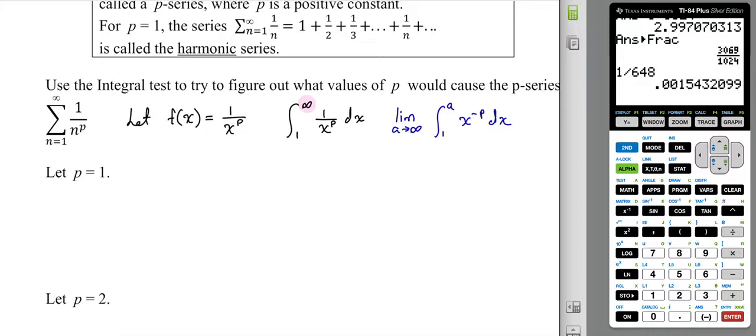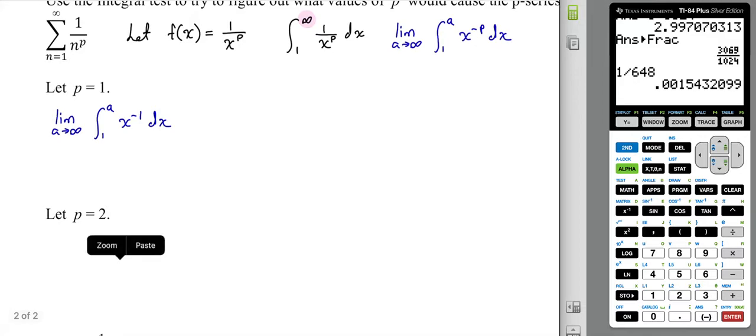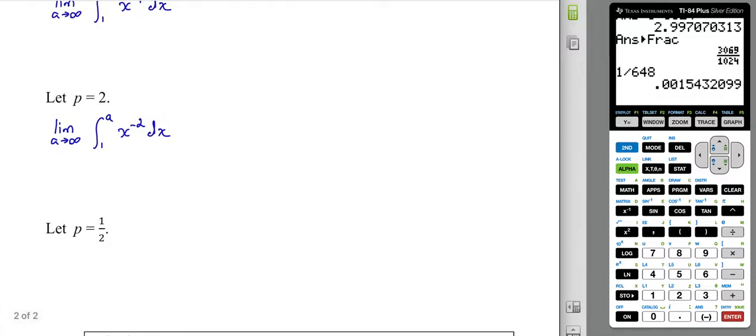So starting with p equal to 1, then going to p equal to 2, and then p equal to 1/2.